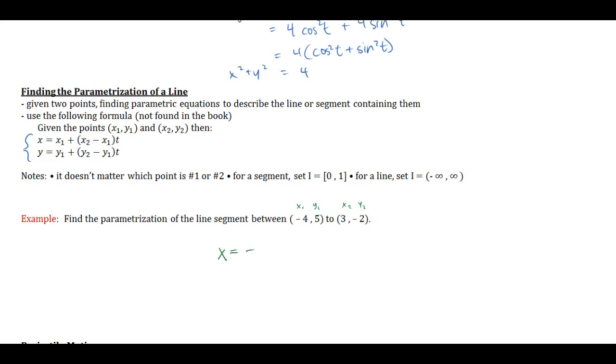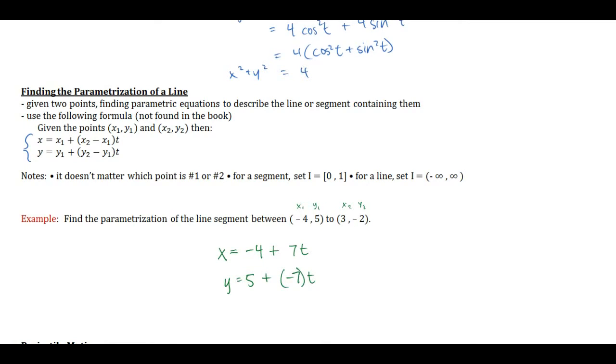And I will have negative 4 plus, now notice I have to subtract them, so 3 minus a negative 4, that's 7t. And for the y equation, I would have 5, and then plus, now subtract them, negative 7t.